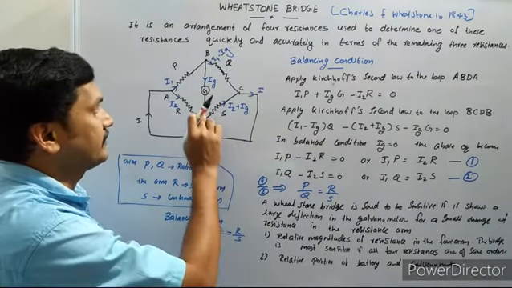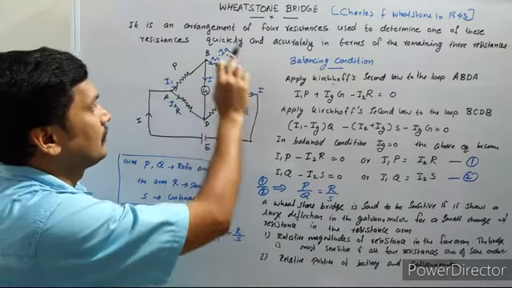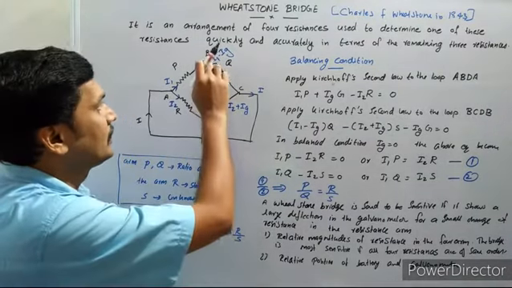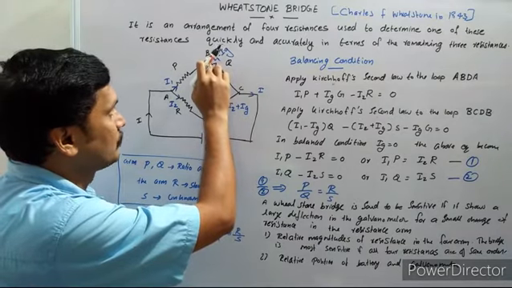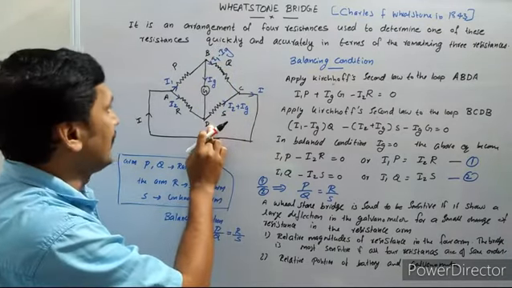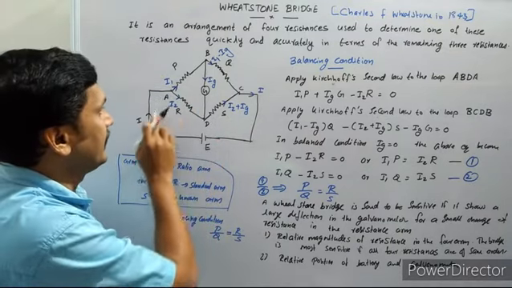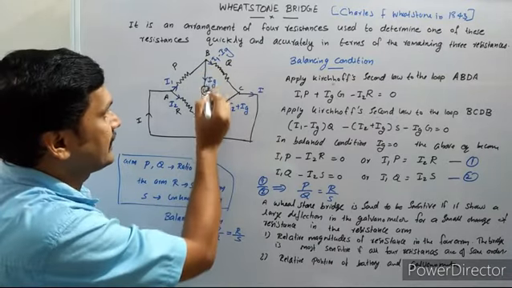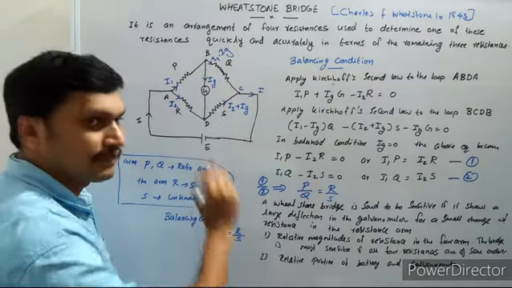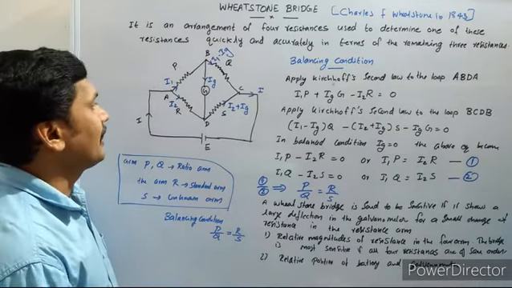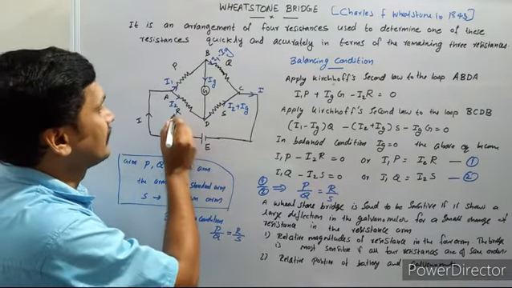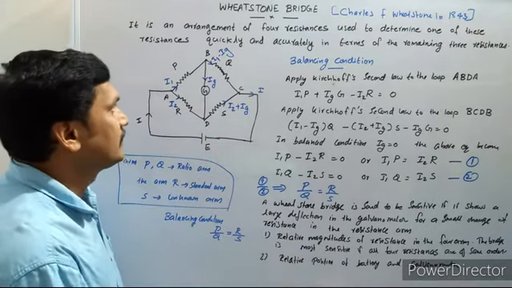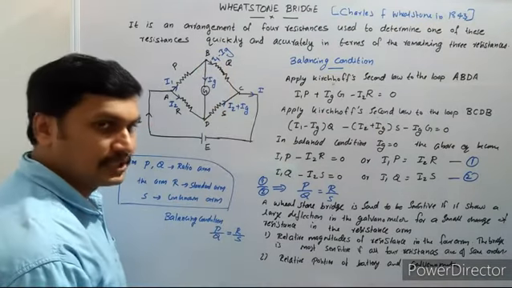A galvanometer is connected between the two points B and D, and a battery of EMF E is connected between A and C. First we adjust the resistance in the arm AD, that is the resistance R, in such a way that no current passes through the galvanometer.